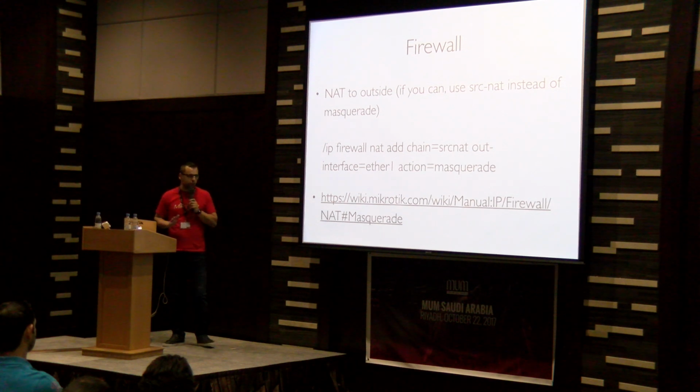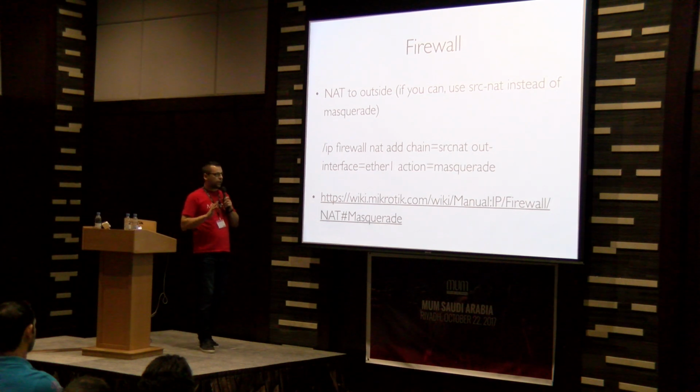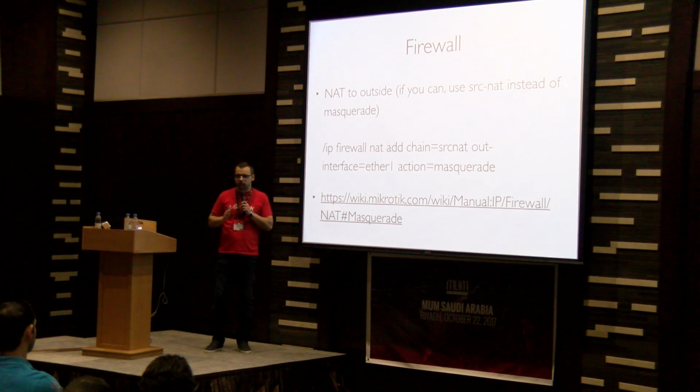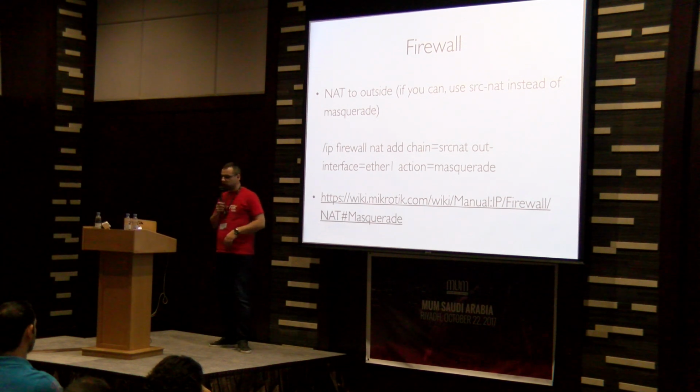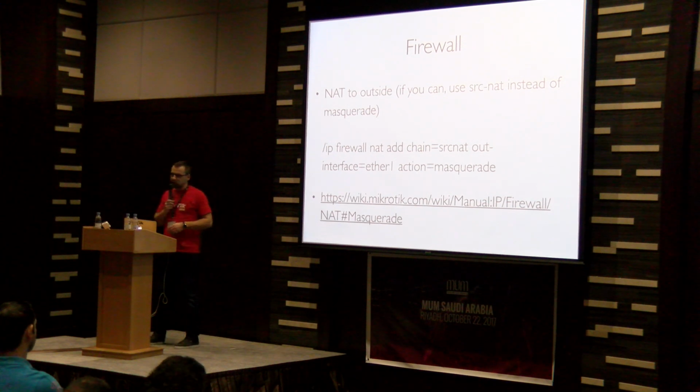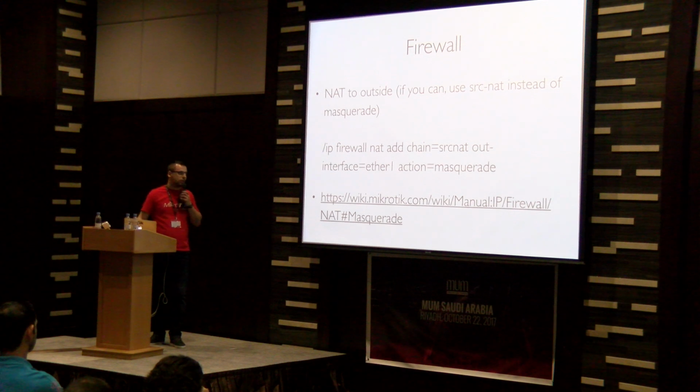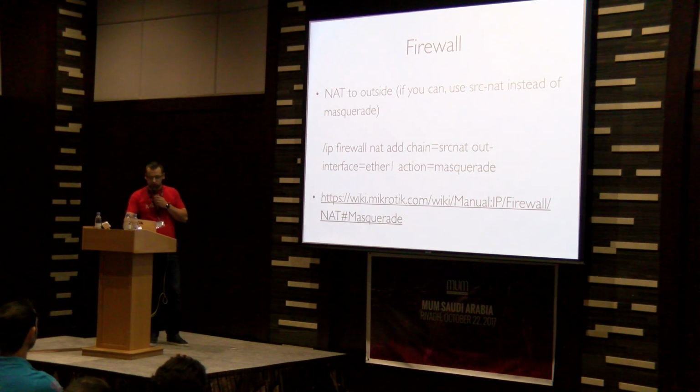That's specific to masquerade, so if you can, use SRC-NAT. It's basically the same thing, but masquerade checks itself what IP address is on Ether1 and puts it on your packets going out. With SRC-NAT you simply specify the IP address manually and don't need to worry about this connection tracking looping.